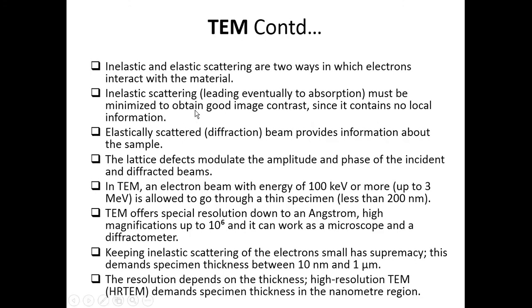What is local information? It means information which is readily available with regard to that particular material, because inelastic scattering will be passing directly through the particular material, and it will not have any scattering or any kind of refraction possible.